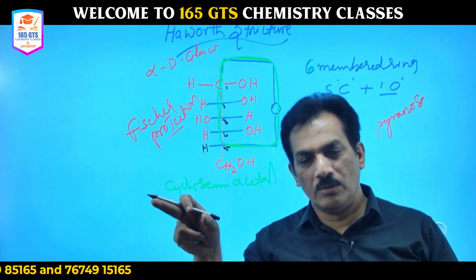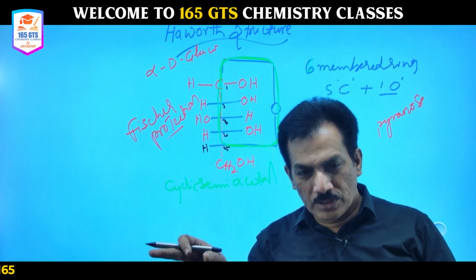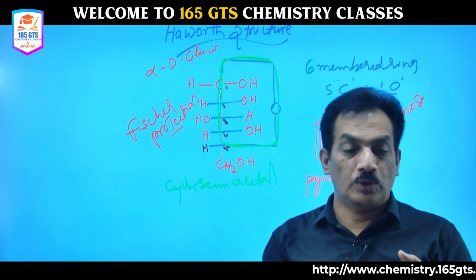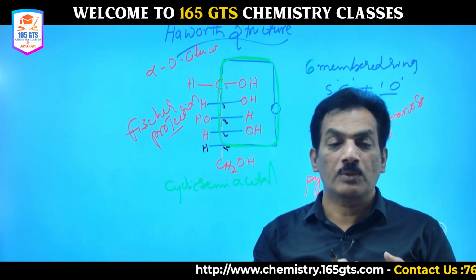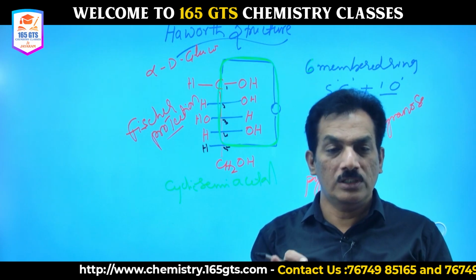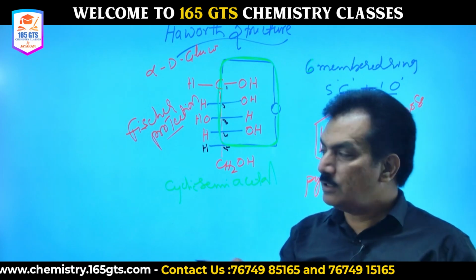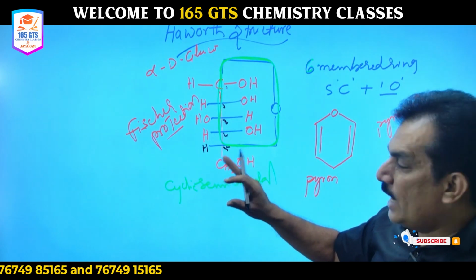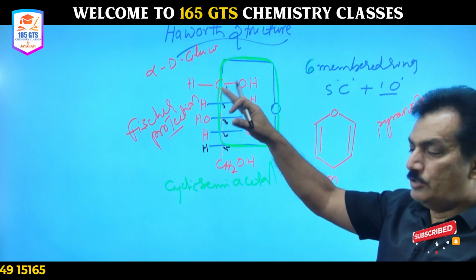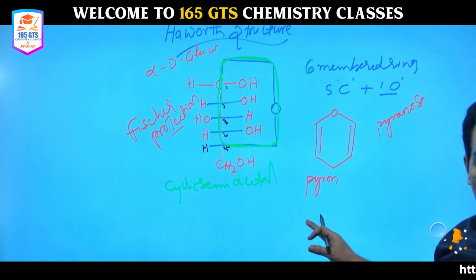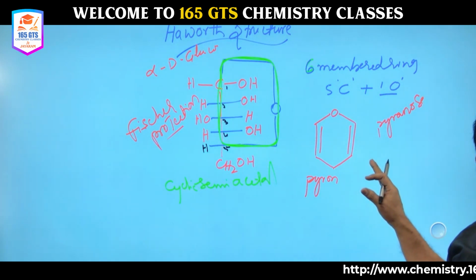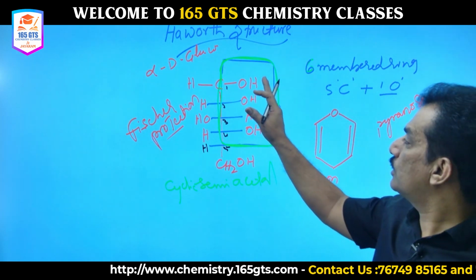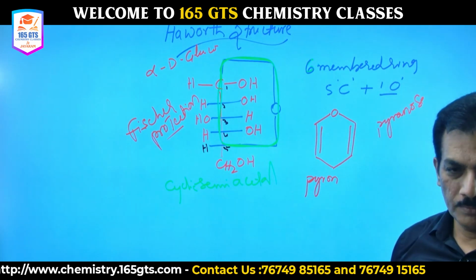When we discussed optical isomers, we covered different representations: Fischer projections, flying wedge projections, Sawhorse projections, Newman projections. Out of those, this is the Fischer projection. This Fischer structure has been given in cyclic form, which is similar to pyran, and hence it is the pyranose structure, and in it the Haworth structure gives the positions of the OH and H groups.